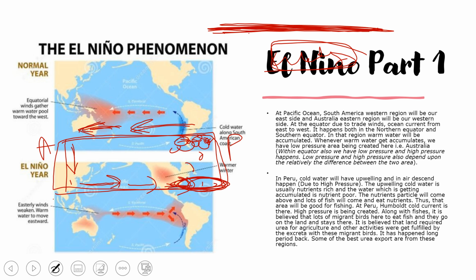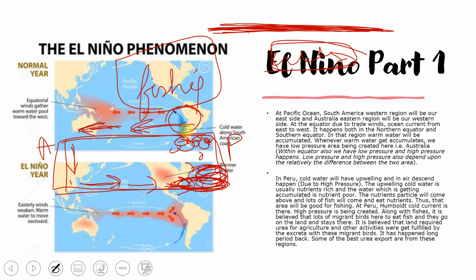So in the normal condition, this will create a fishing zone. In normal conditions, lots of fish are attracted to the Peru regions, because this cold water brings nutrients above the surface, and fish will come there and feed on those nutrients. We will have a little bit warmer water at the bottom of the ocean. That thing is mentioned here.